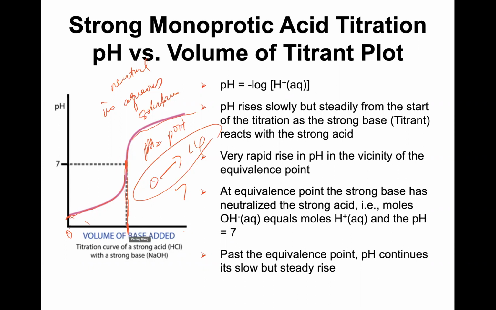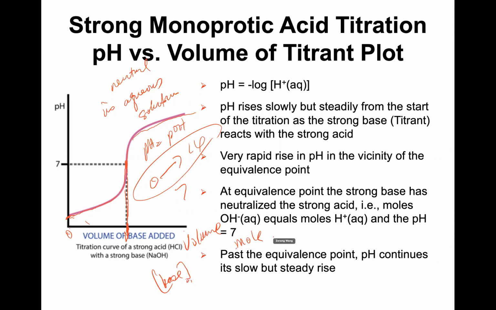This way we can find the volume used. Remember that the principle behind titration is to find the volume, how much you used. Say we know the molarity, or concentration, of one solution, for example the base. Volume multiplied by molarity gives you the number of moles.